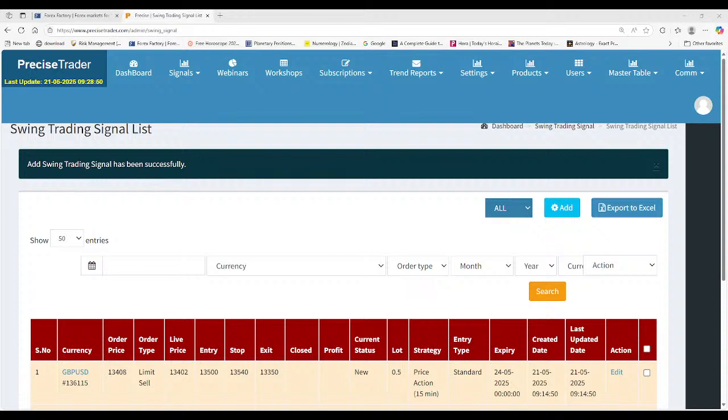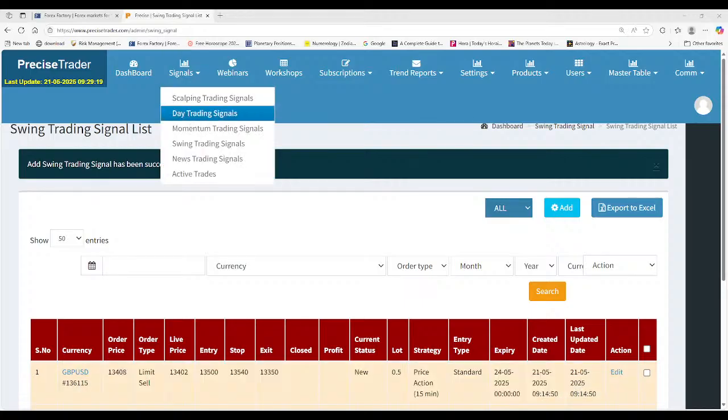I've entered at market. Just because I have two accounts, I have to enter in two different accounts.